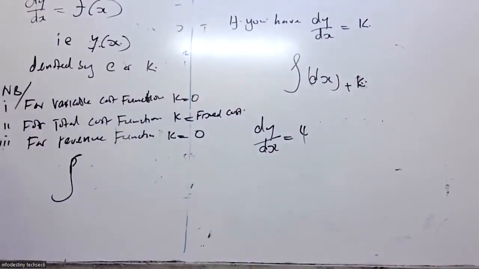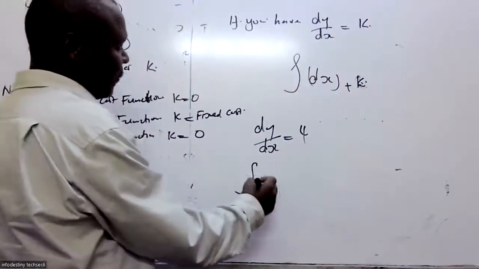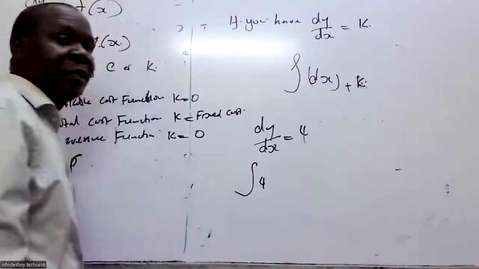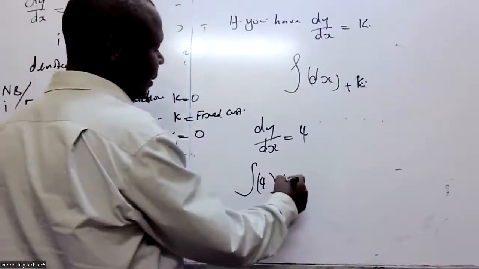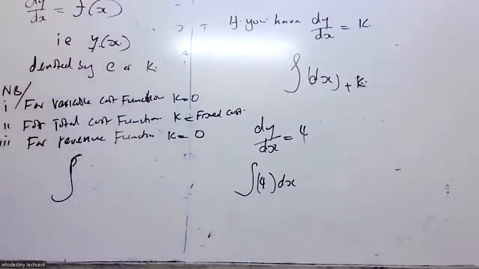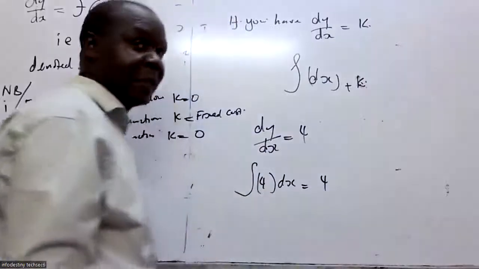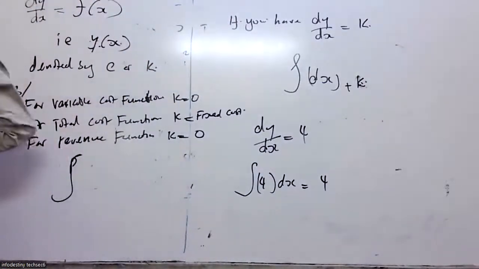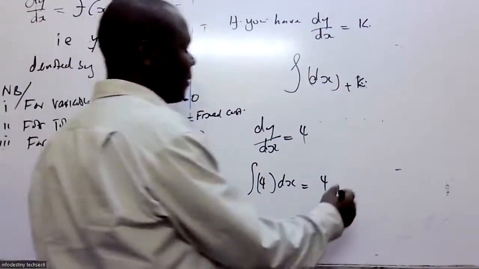When you integrate this one, we write the integral symbol, then 4, close with a bracket, then dx. That's going to equal 4x. Now, remember, there was a value which was multiplied for us to get that 4, so we add another value here.